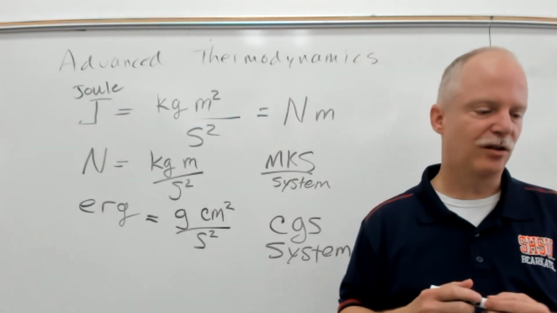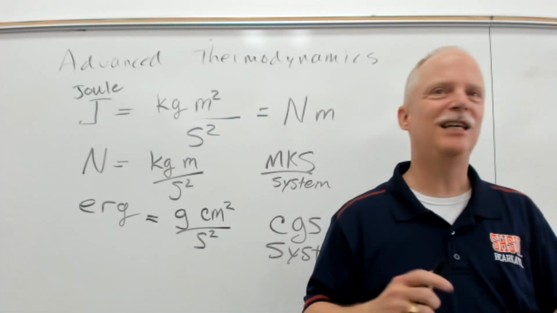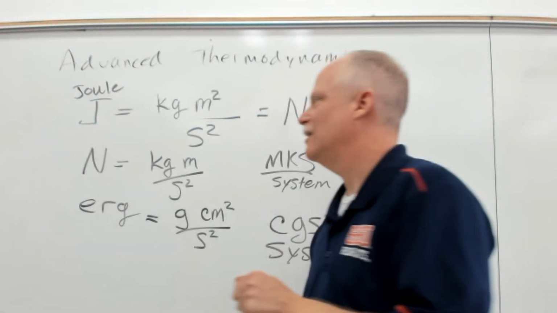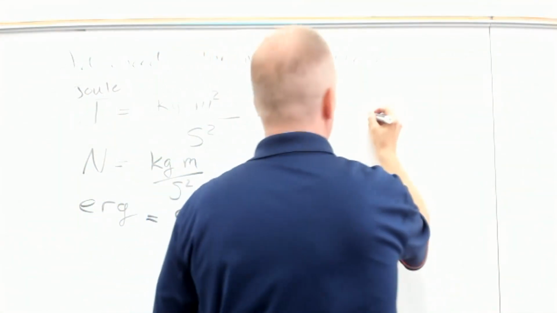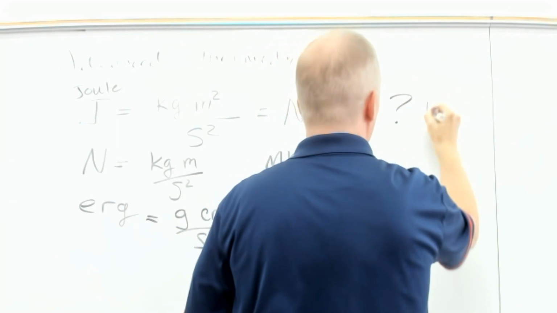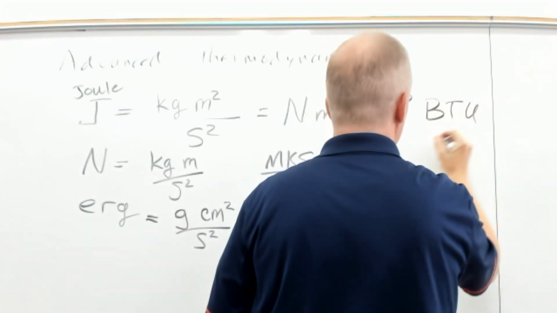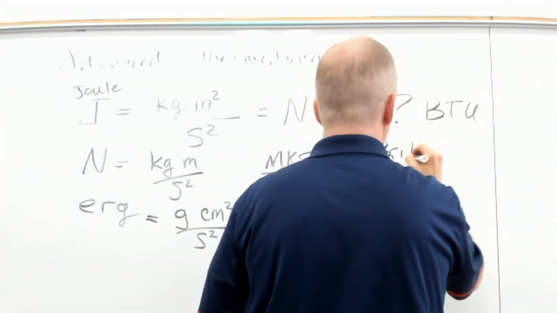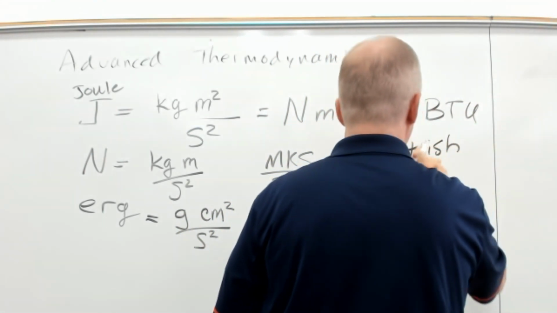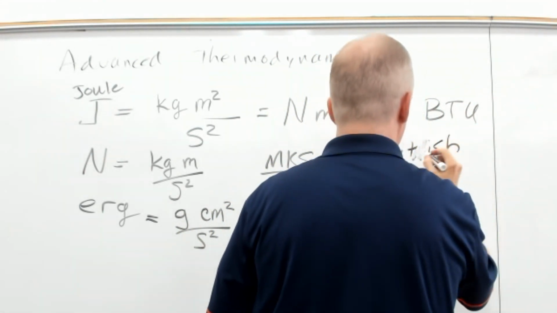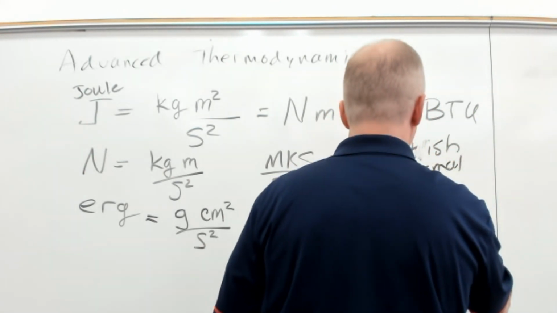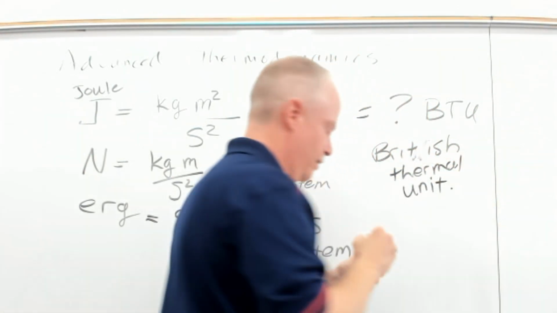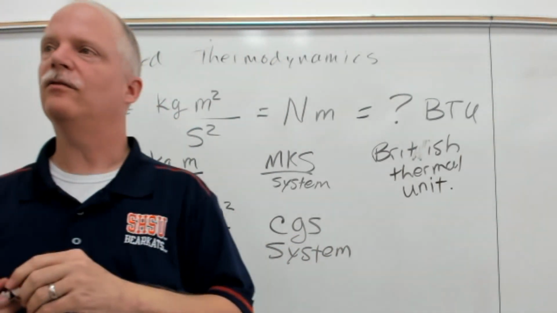There's also British thermal units, BTUs. So like a joule, you also have a BTU equals some number of BTU. Always put two T's in British. I never remember what that is. I just always have to look up the conversions.